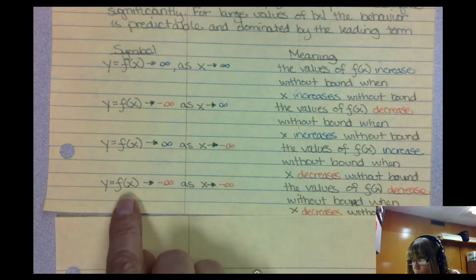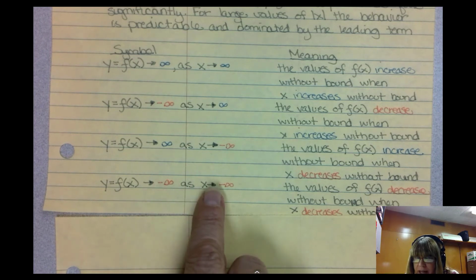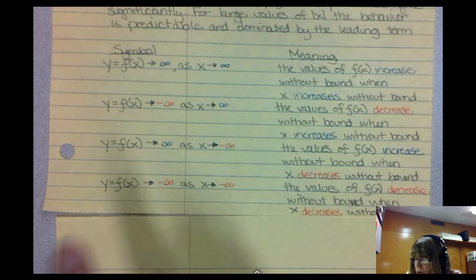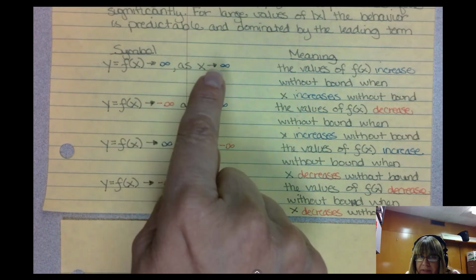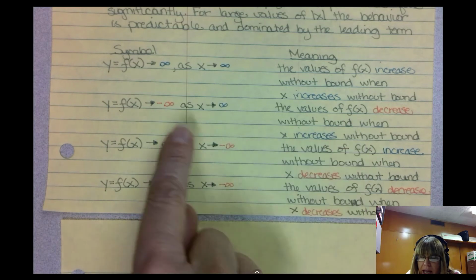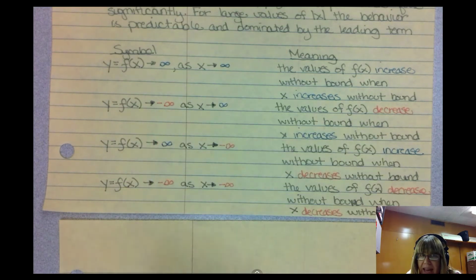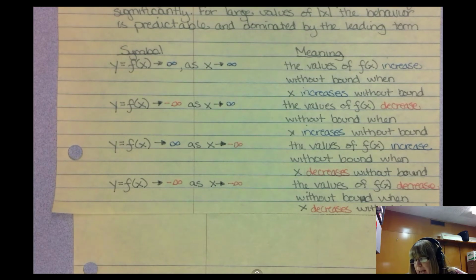And when f of x approaches negative infinity as x approaches negative infinity, that means the values of f of x decrease without bound when x decreases without bound. I really tried to use blue for positive infinity and increasing, and red for negative infinity and decreasing, so you can see how it pairs up. Now this is just talking about increasing and decreasing functions as x does something as well.